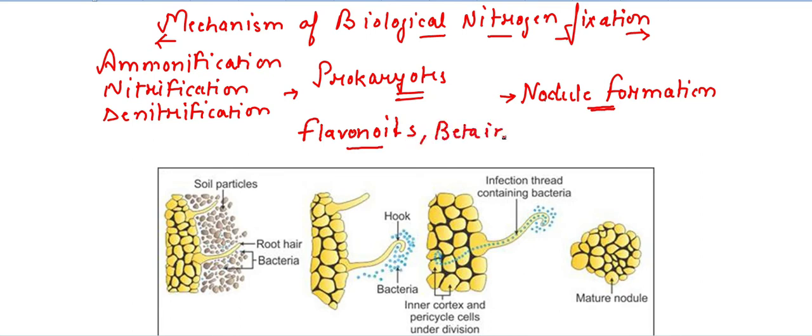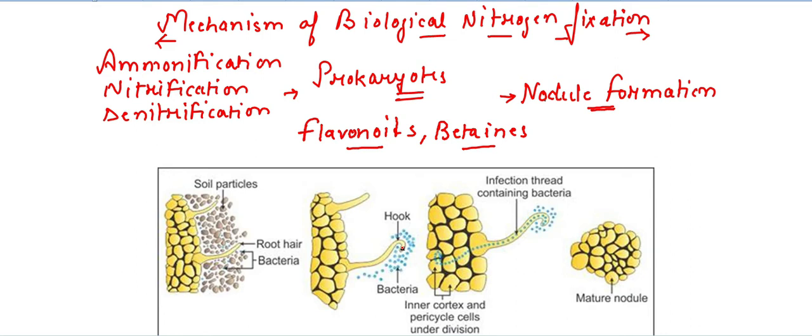These chemical attractants are secreted through the root hairs of the legumes, because we are discussing symbiotic nitrogen fixation here. So the bacteria are attracted, a hook is formed, and the curling of the root hairs takes place by the release of nod factors.